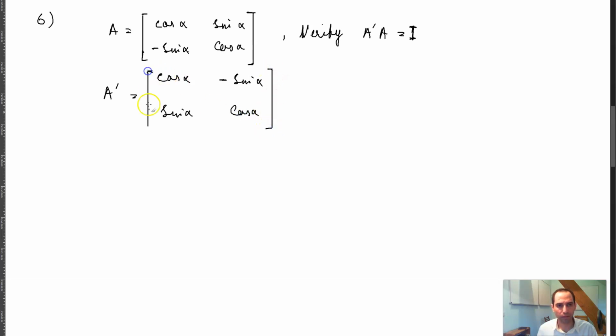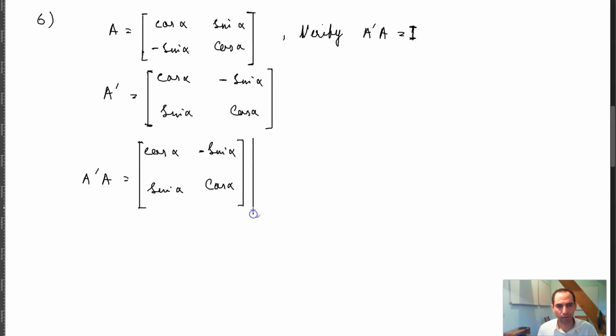And if I do this calculation, A prime times A, I will have cos alpha, negative sin alpha times cos alpha, and A is basically cos alpha, sin alpha, negative sin alpha, cos alpha.